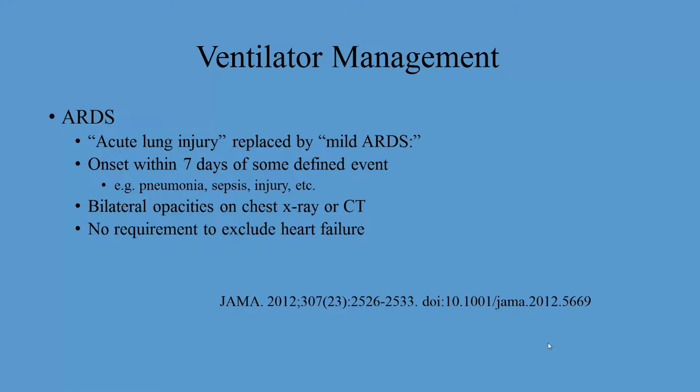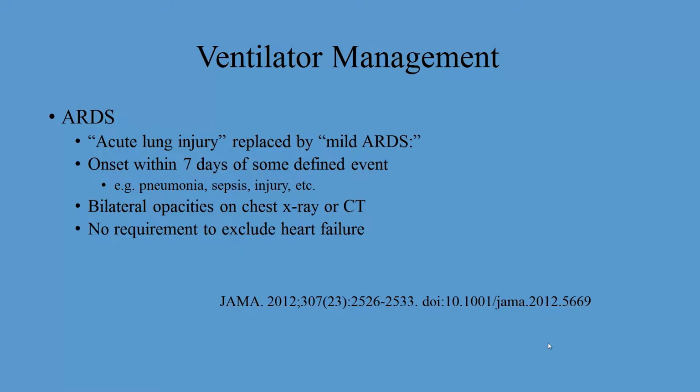They clarified the acute component, saying that the onset is within 7 days of some other defined event like pneumonia or sepsis or any other infectious process, injury, or surgery. They reinforced the bilateral opacities seen on a chest X-ray or CAT scan. One thing they removed, though, was a requirement to exclude heart failure.